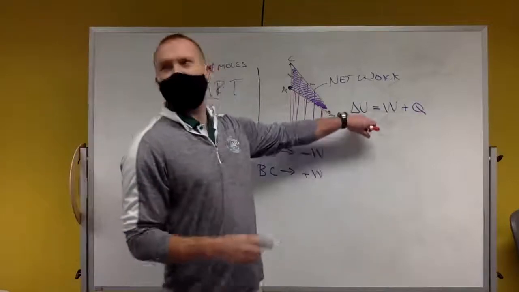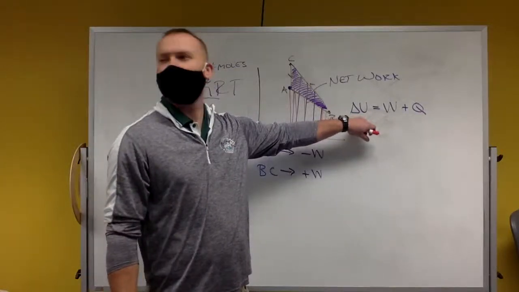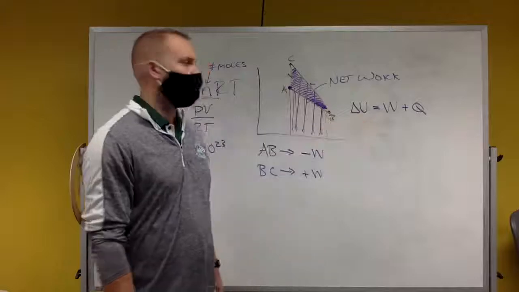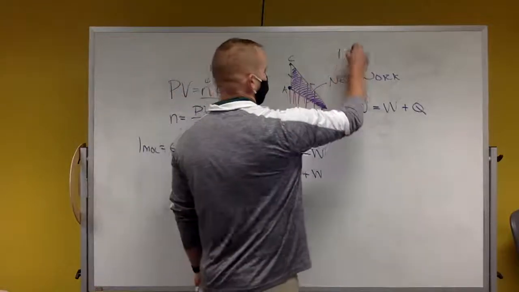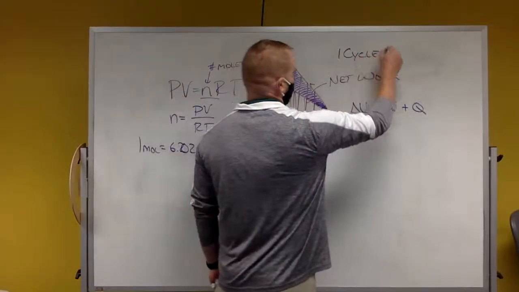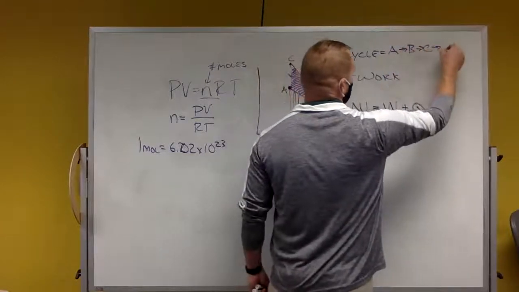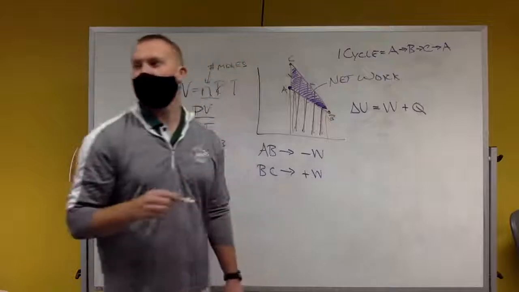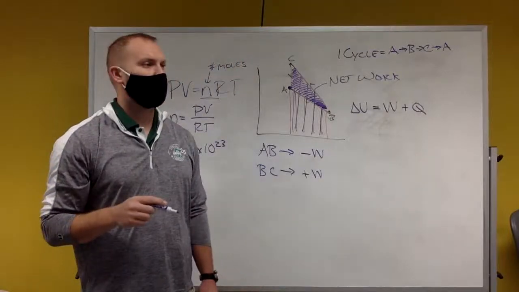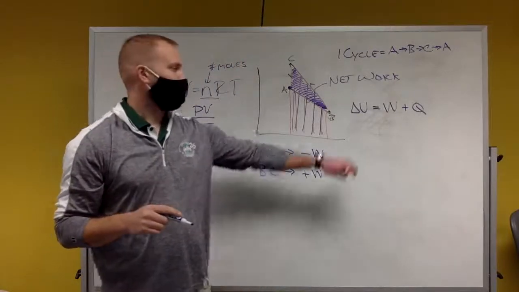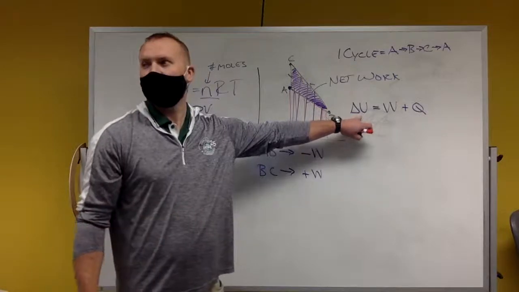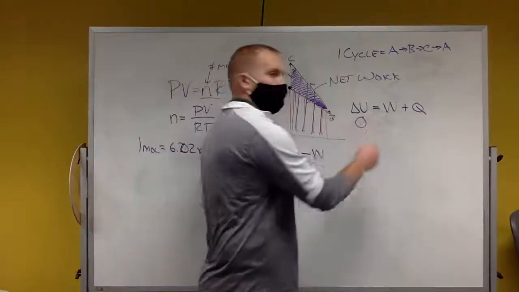What is my change in energy of the cycle? One cycle, A to B to C back to A. Why is it zero?